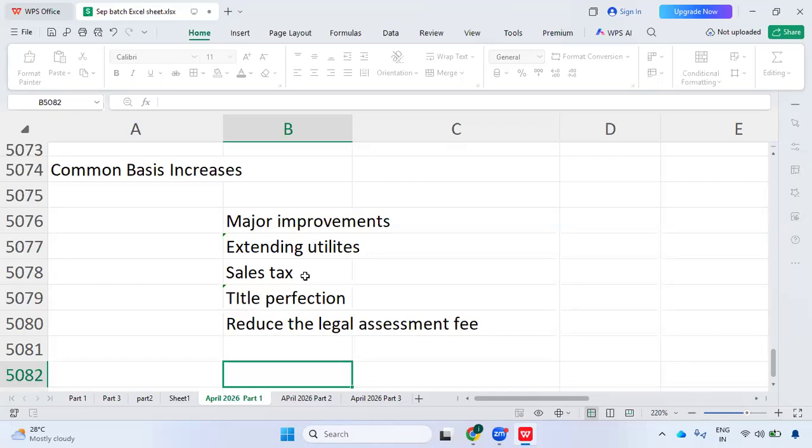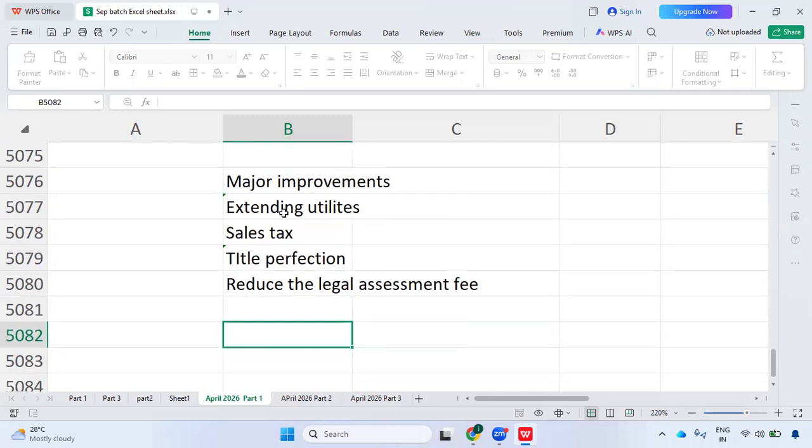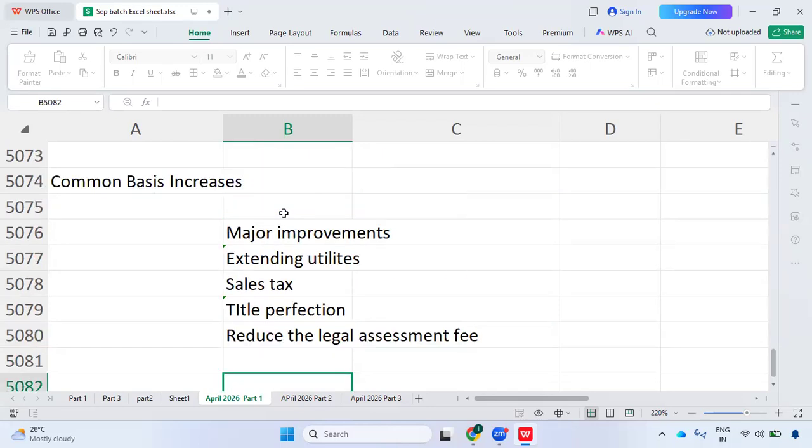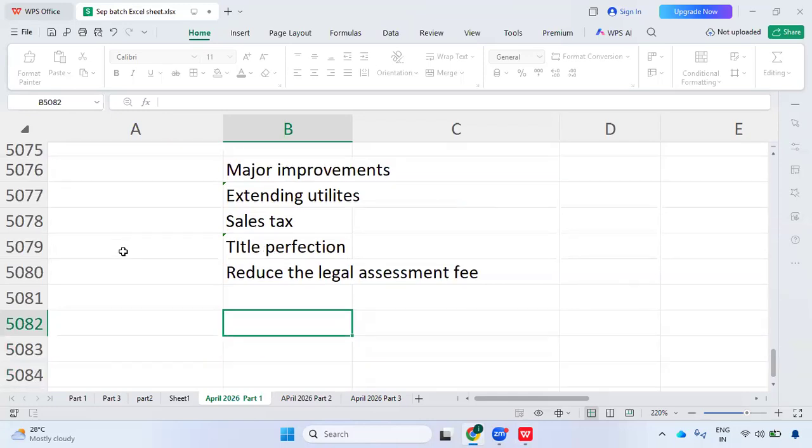Impact fees. Okay. Property taxes, no, late property taxes which the owner was not able to pay. Delinquent property taxes, the seller's delinquent real property taxes. Okay. Shipping cost. Okay. So generally these are the cases where we will increase the basis.